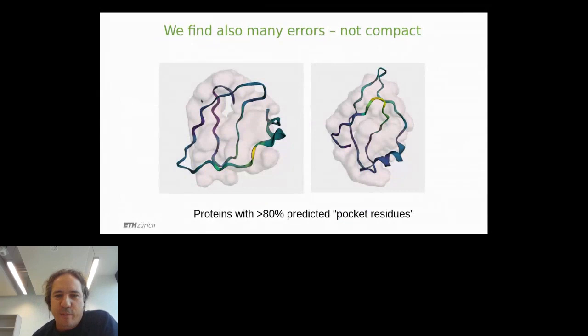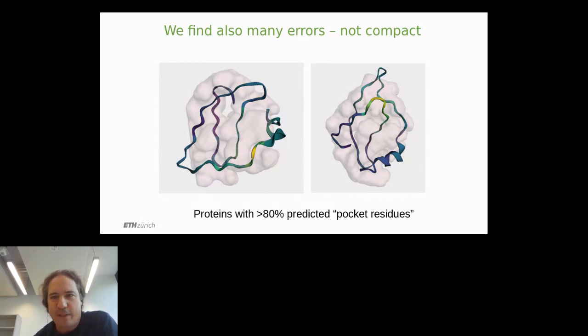When we were doing this, we found many things that look like errors. We found examples of proteins with very high pLDDT, cases that have a higher than average 90 pLDDT, so AlphaFold thinks this is a completely excellent prediction. But then 80% of the protein is accessible to the outside, forming something that is artificially predicted as a pocket.